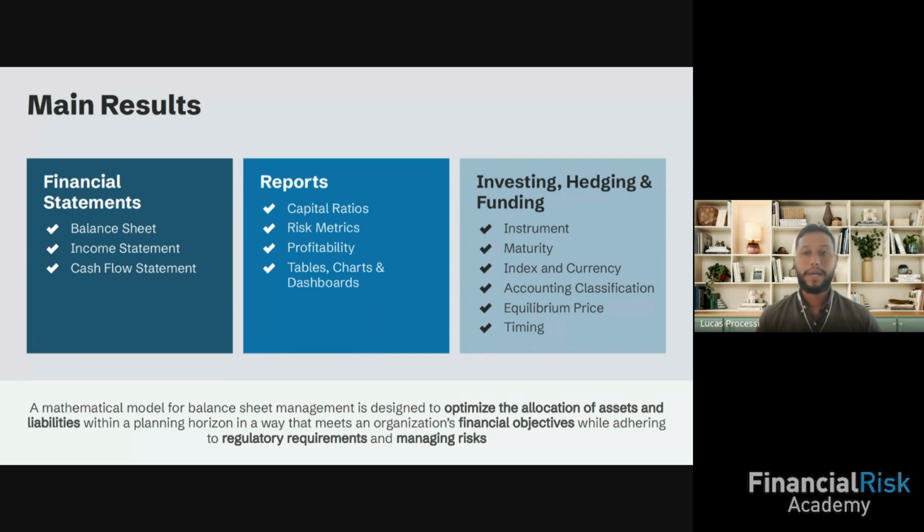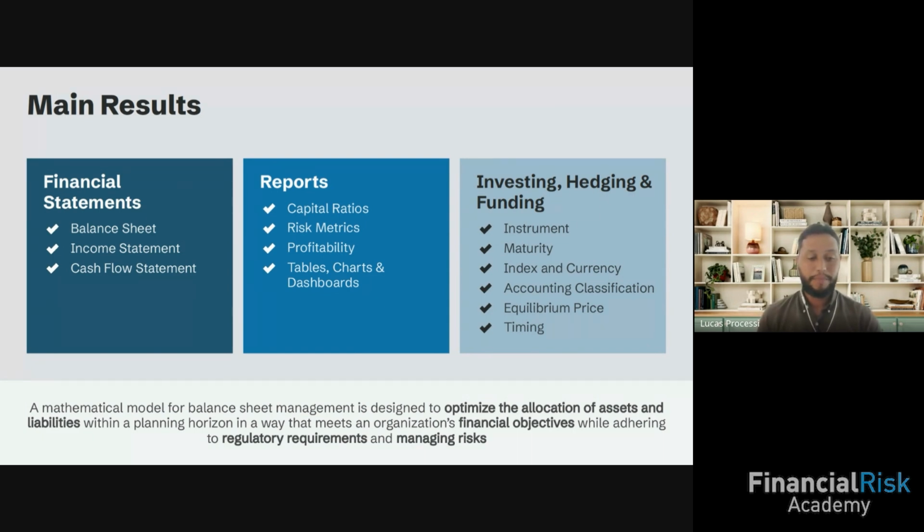So we have to make the model take optimal decisions, not only in terms of risk factors, but also in terms of what instrument I should invest in, with what maturity, what indexes, currencies, what is the accounting classification, and also pricing.